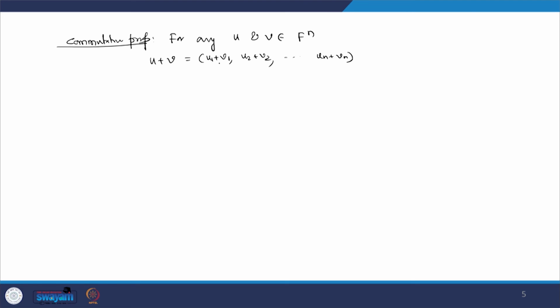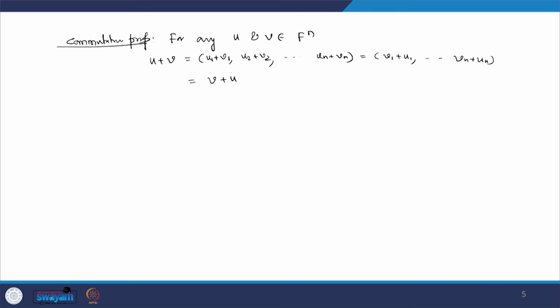So, each component is basically from the field, which also satisfies commutative property. So, this can be written similarly as v1 plus u1 and vn plus un. So, this means that this is equal to v plus u. So, it satisfies the commutative property.